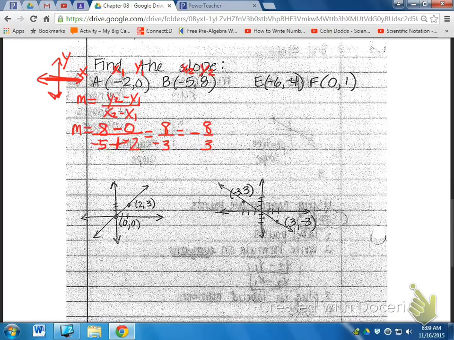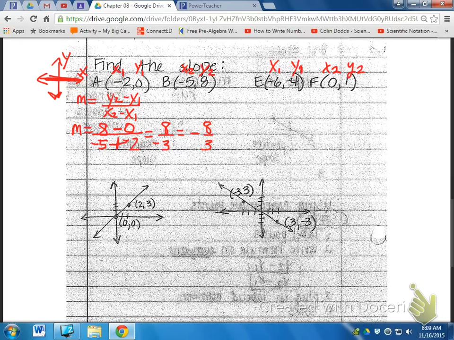All right, so let's find the slope for the line that has E and F. -6, -4, 0, 1. For E, we're going to say x1, y1, and then the F point would be x2, y2, because that's the second point.